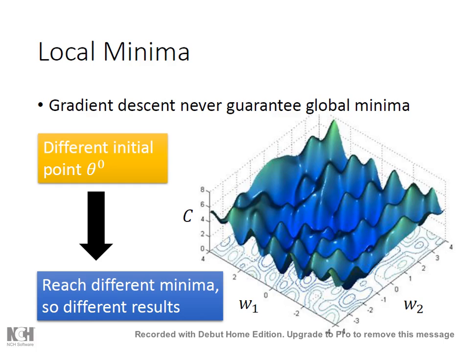But I think actually today nobody cares about it, because nobody knows where the global minima is, and we don't want to spend all of our life to find the global minima. We just want to find an approximate and acceptable solution.